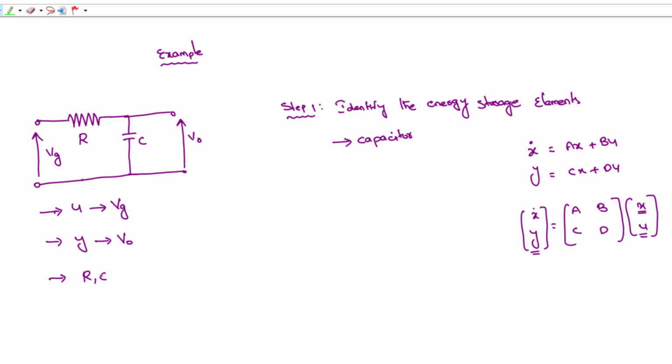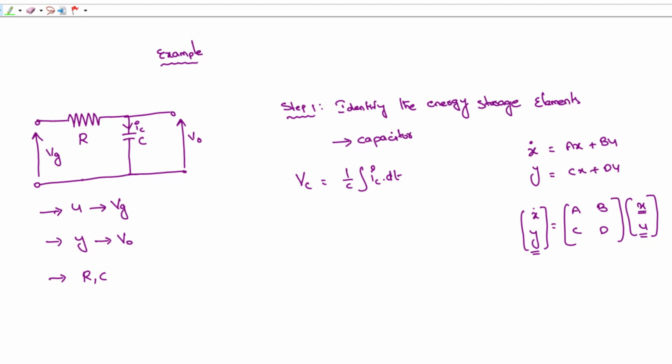Importantly, as per our first step, we have to identify the energy storage elements. Here, only the capacitor is the energy storage element. In the capacitor, the integral causality is written as: the voltage across the capacitor is equal to 1 by C integral of IC dt, where IC is the current flowing through the capacitor.